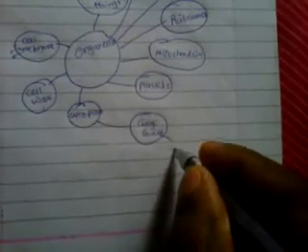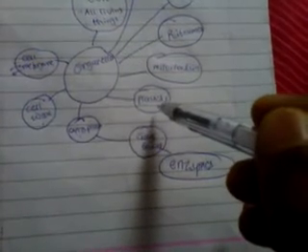These Golgi bodies are important because they store enzymes. Please remember, Golgi body stores enzymes. Now the plastids are not that important. Mitochondria, yes, they are very, very important.